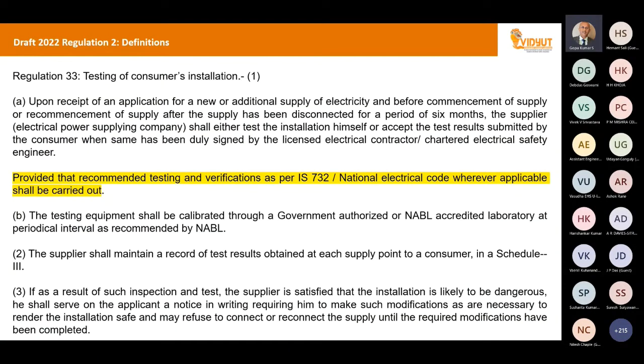Yeah, the regulation 33. I'm just trying to explain to you some changes which are included in the regulation. Regulation 33, testing of consumers installation.